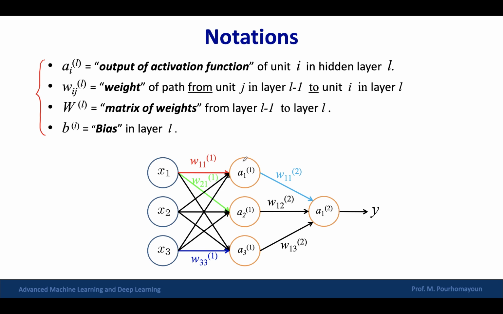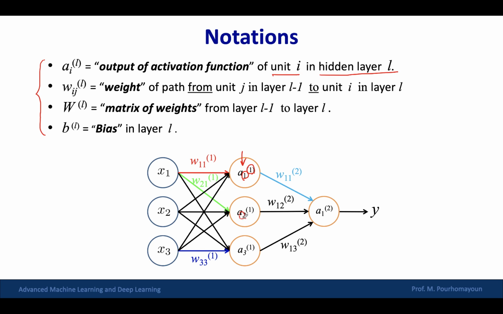First of all, we show the activation functions, or in fact a neuron, with a subscript i and superscript l, which defines the output of the activation function of unit i in the hidden layer l. So this guy is unit 1 in hidden layer 1.